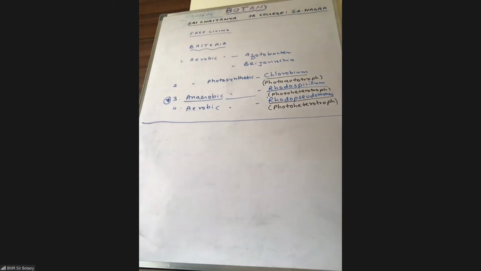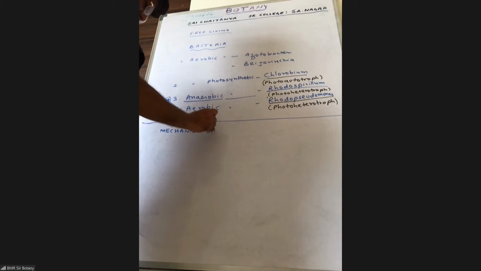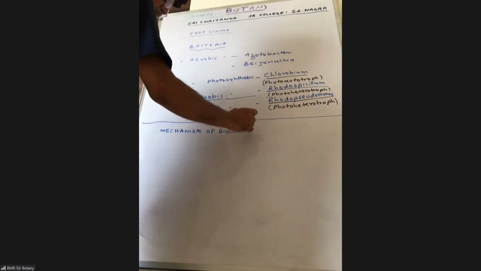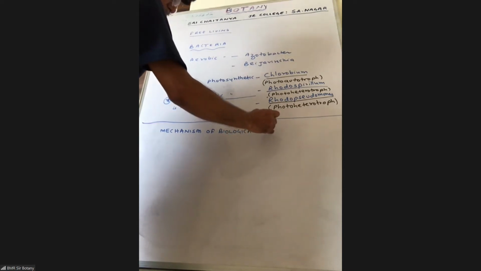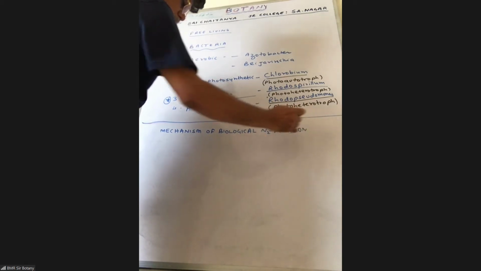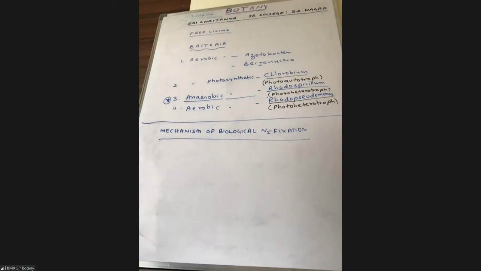So we'll now continue with yesterday's topic, the mechanism of biological nitrogen fixation as seen in leguminous plants, carried out by whom? Rhizobium bacteria.